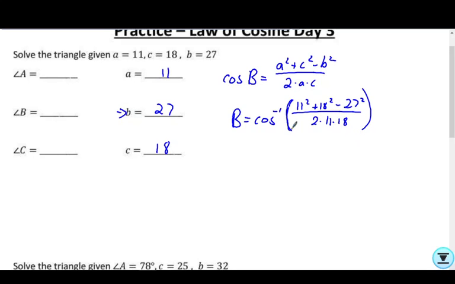Plug this in your calculator, and you find that angle B is approximately 135.82146 degrees. I always tell my students to round to the tenth, so angle B is 135.8 degrees.